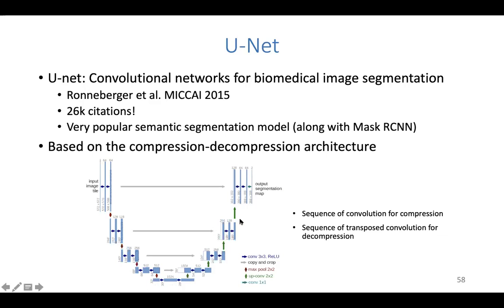So this is the decompression stage. Based on the compressed image, you decompress it all the way back to not exactly the same size as the input. Here, you can see the output is 388 by 388 by 2. So that is not exactly the same size as the input.